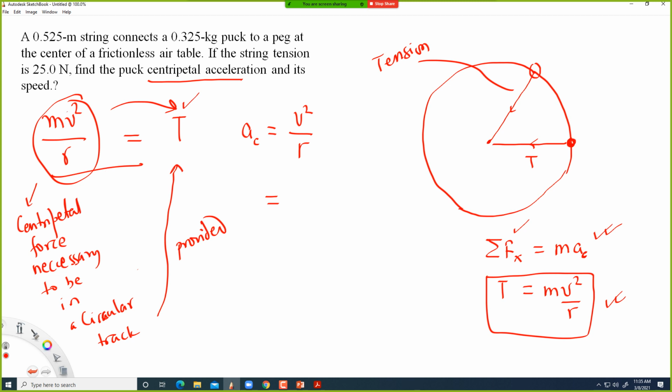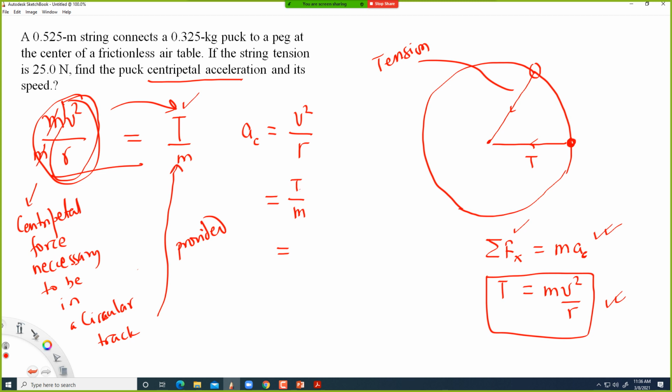I want to get this thing, v squared over r. So what should I do to get that? We divide both sides by m, right? So cancel m and m. Now what is left on the left is v squared over r, and that's what we need. So that's T over m.